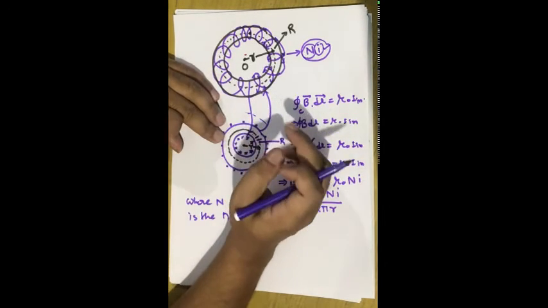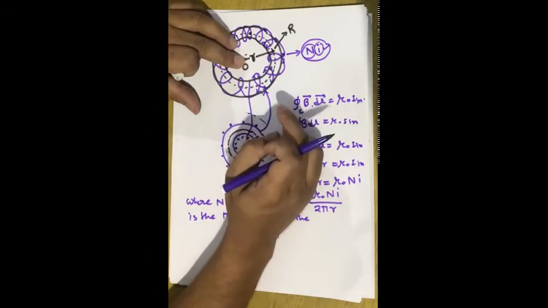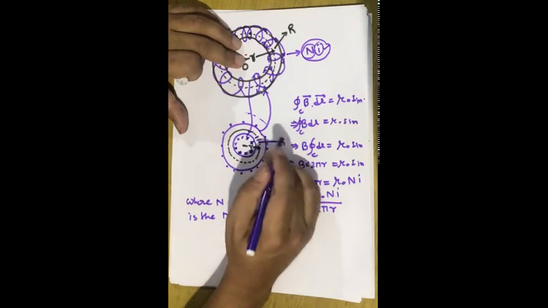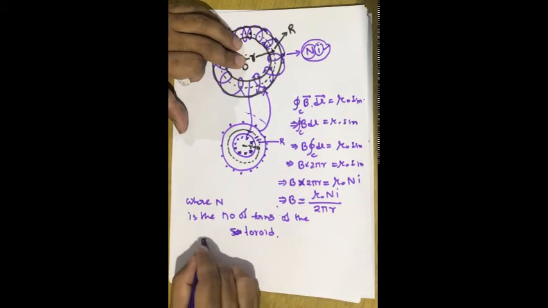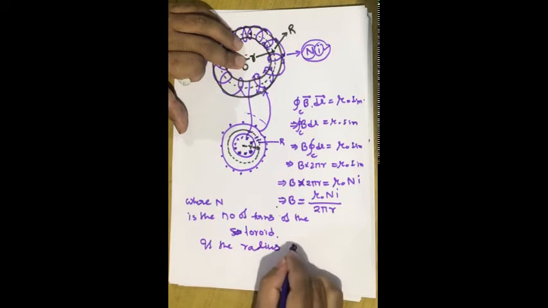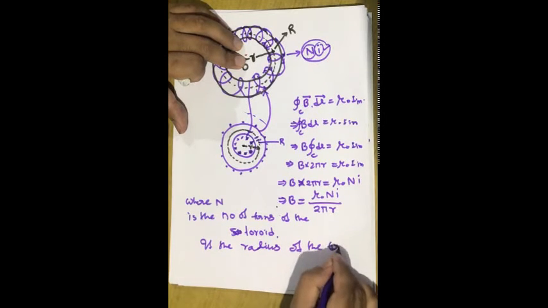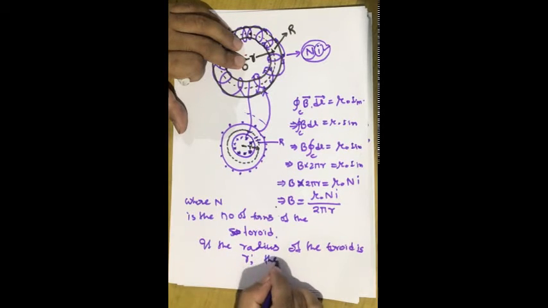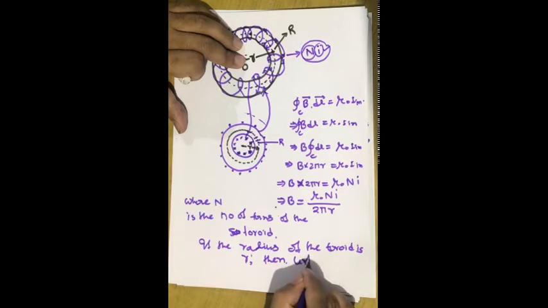And if the radius of the toroid is small r, then the length of the toroid will be equal to twice pi into r.